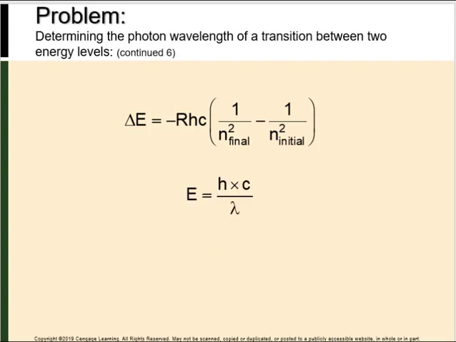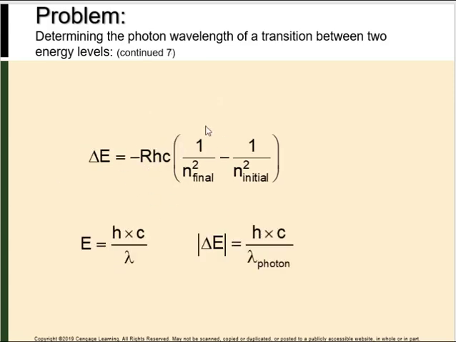It's also important to note that the value of delta E, which is in joules per atom, can be related to the wavelength or frequency of radiation using Planck's constant. We talked about using Planck's constant earlier, so we can use that energy to find the wavelength of the light that's being emitted. To do that, we would take the absolute value.